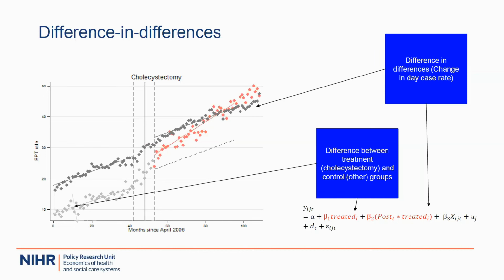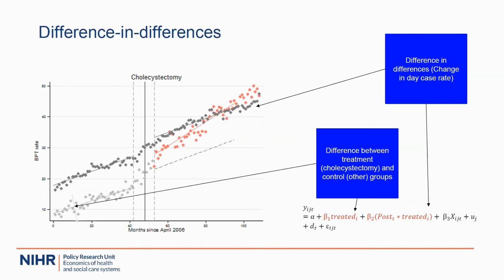So it's the idea that things changed in a similar way over time for our treatment group, those affected by the policy, and the control group, those who weren't affected by the policy, but we think are similar. Then after the policy came in, the second thing is that the red diamonds, as you can see on the right-hand side of the plot, are much more intermingled with the darker, that grey-black kind of diamonds, because the day case rate for cholecystectomies caught up, and at the end there starts to overtake the rate of the other procedures.